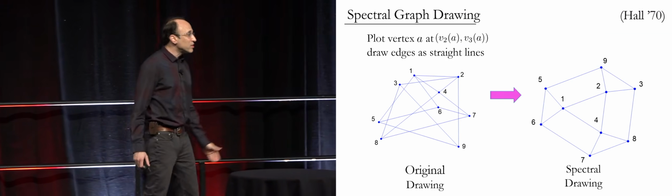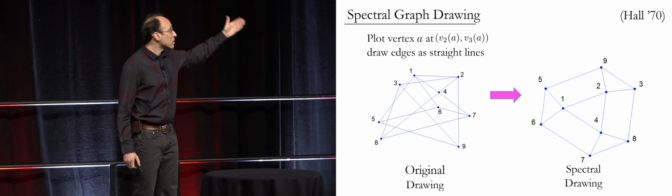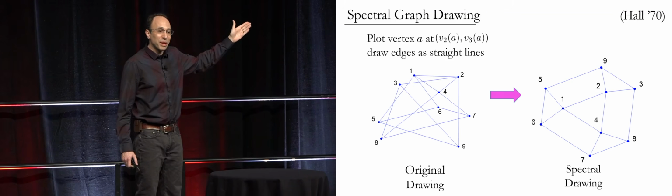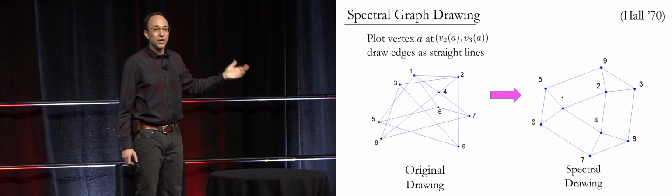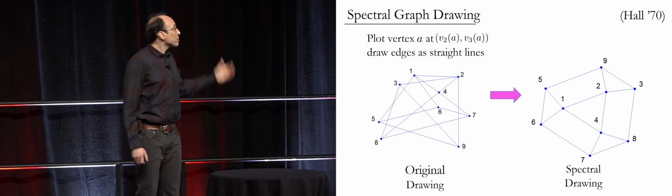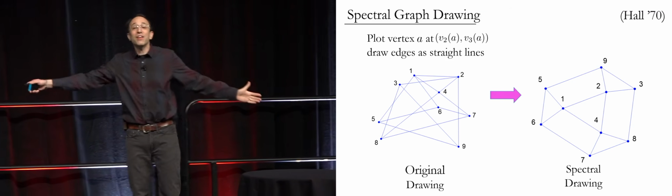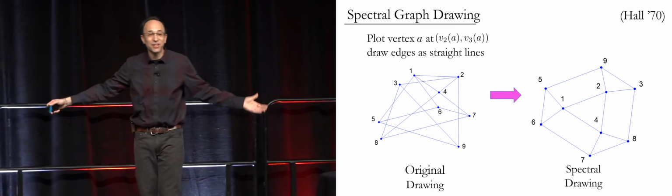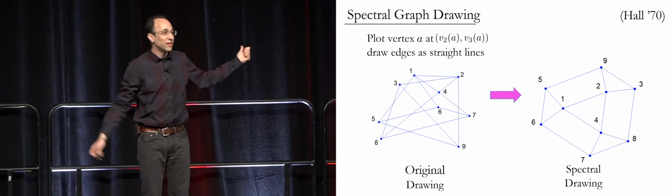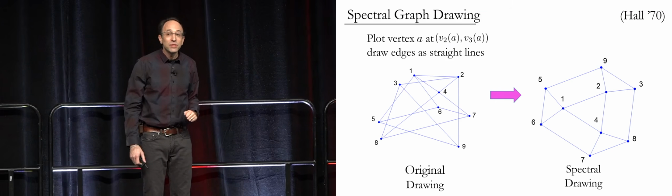Take V3, use it to form the vertical axis. Plot those nodes at the locations given by the eigenvectors, and then draw the edges as straight lines. And it gets me this beautiful picture of this graph. And when I look at that beautiful picture, I know everything about this graph. I understand this graph when I see it drawn that way, unlike in the original horrible, messed up image.